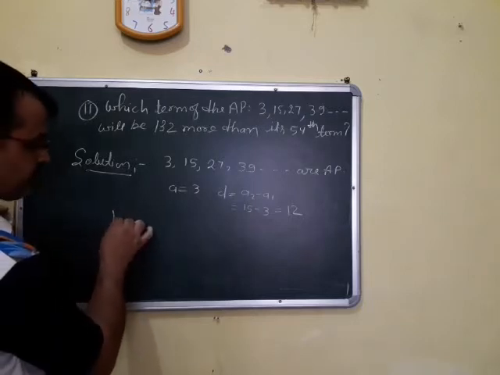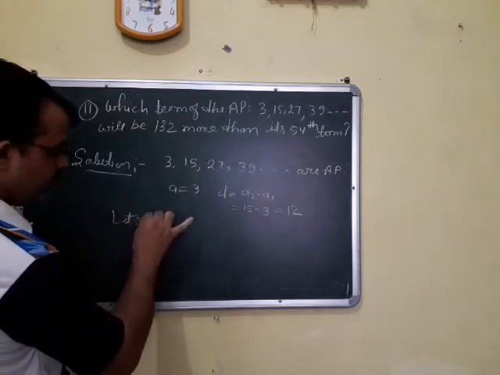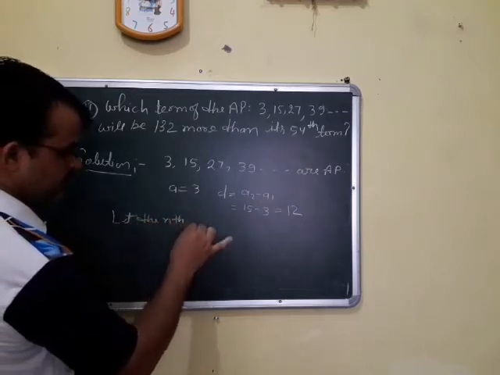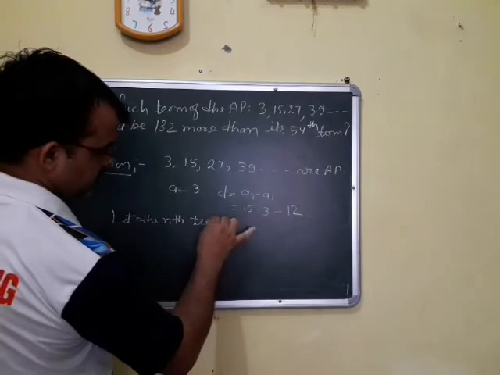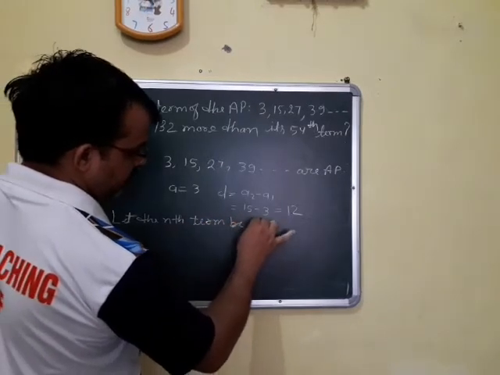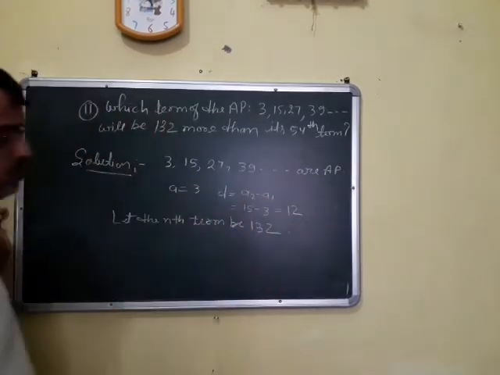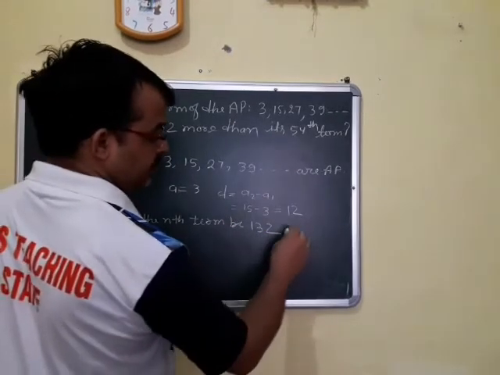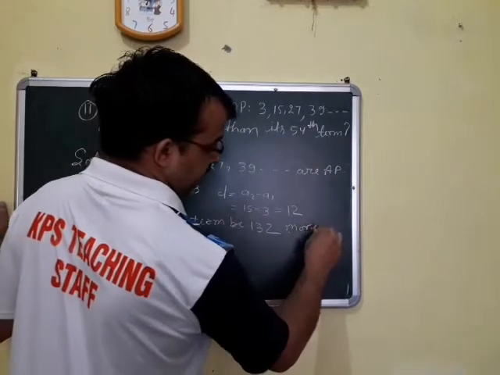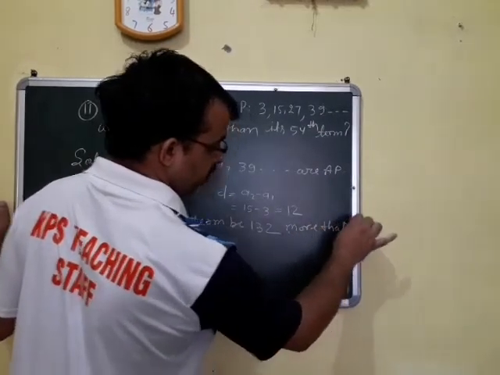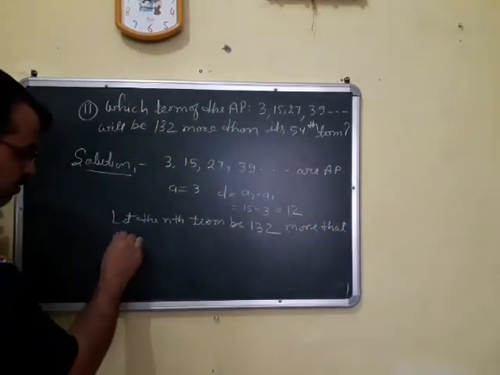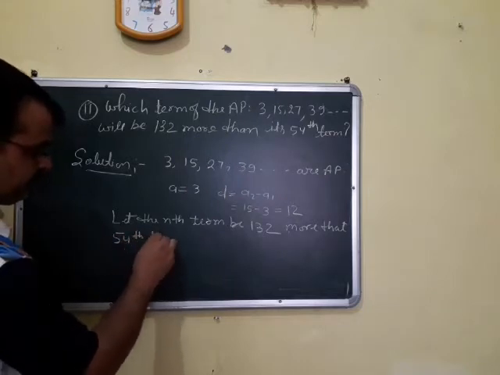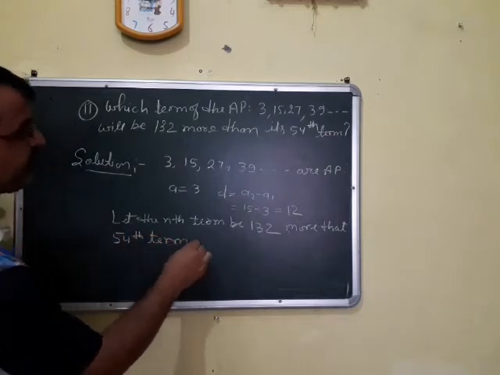So let the nth term be 132 more than the 54th term. This one is given here.